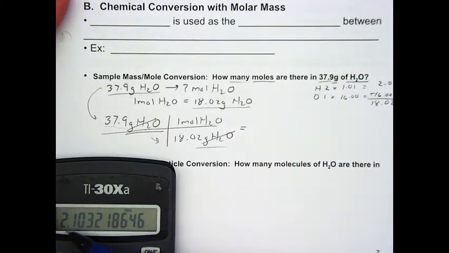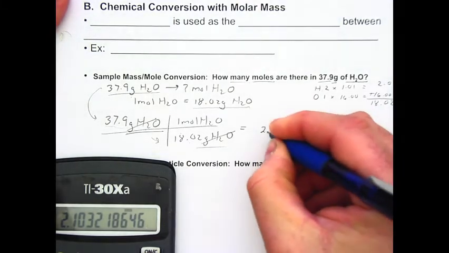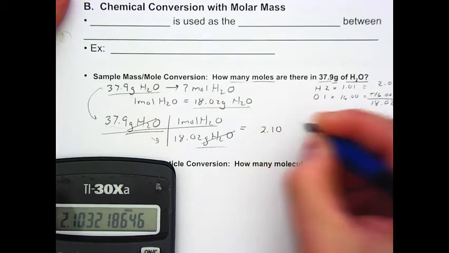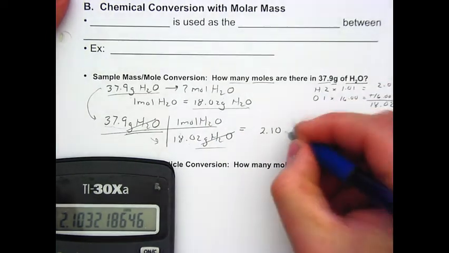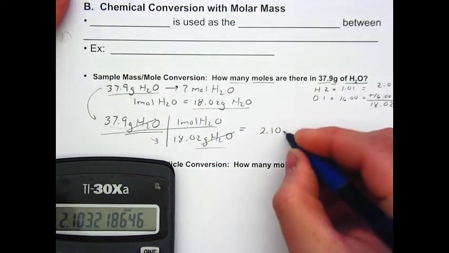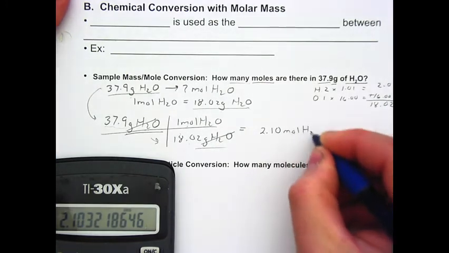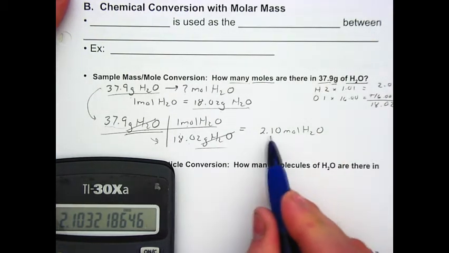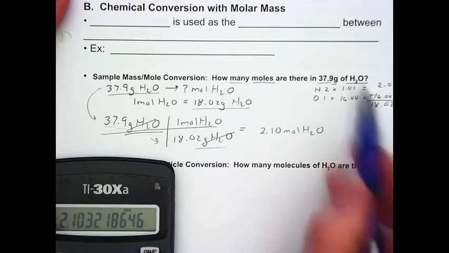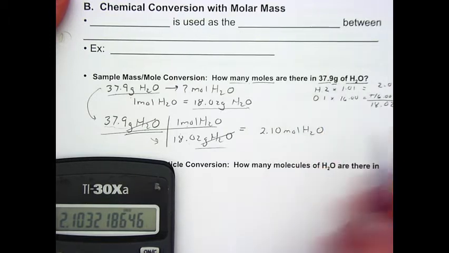Since the decimal is already after the first non-zero digit, it does not need to be in scientific notation. So I simply write 2.10, and the units, which are the units of my endpoint, are moles of water. So there are 2.10 moles of water in 37.9 grams of water.